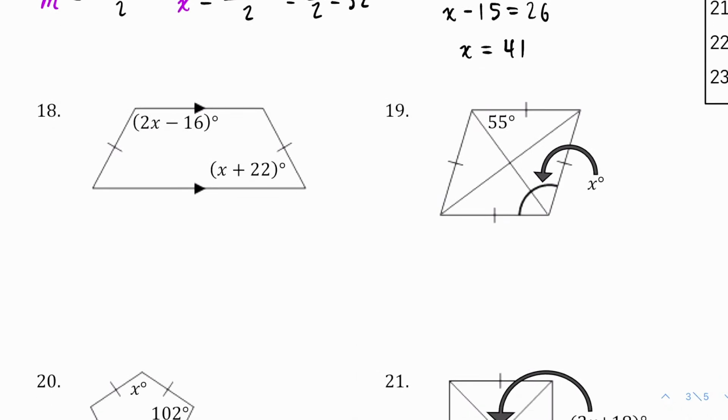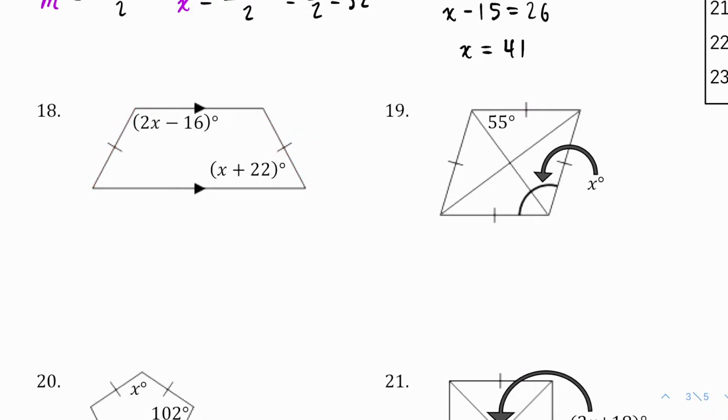All right, number 18 I want to spend a little bit more time on. It's a little bit trickier. So what I expect you to notice right away is these two arrows tell us that we have one set of parallel sides, and these two tick marks tell us that we have one pair of congruent sides.